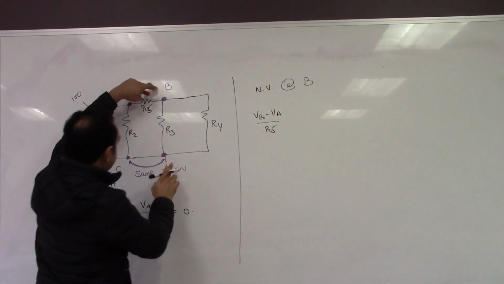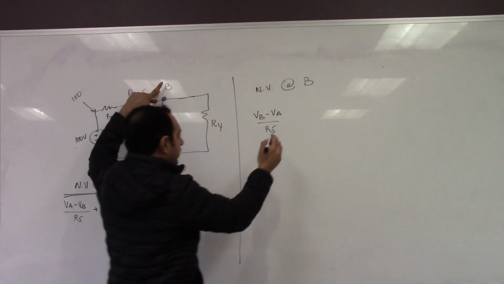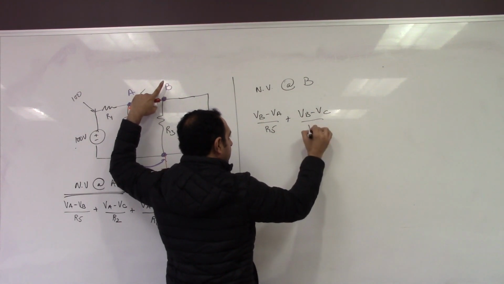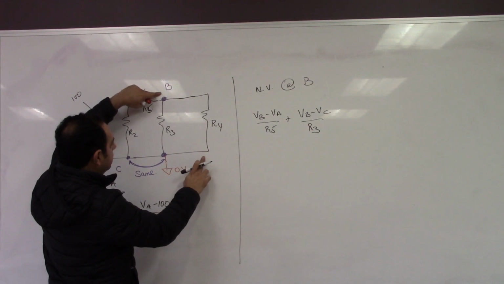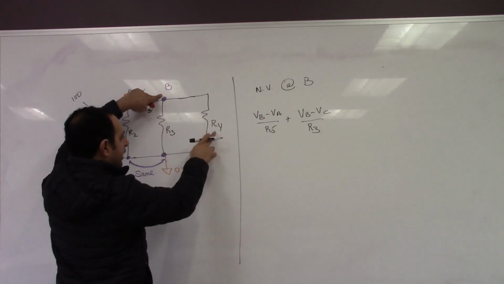Then VB minus VC divided by R3. And then VB, and the other end is again VC, divided by R4.